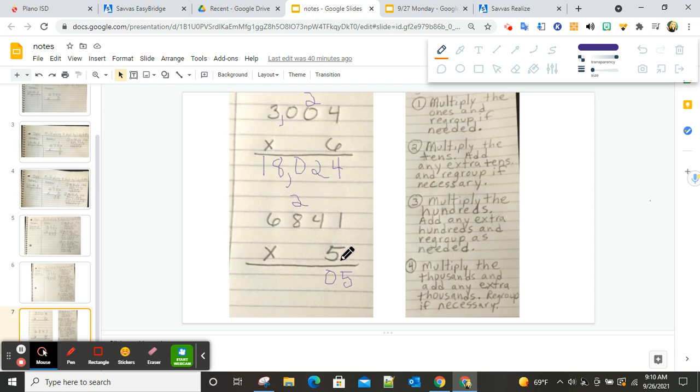Next, step 5 is to multiply the hundreds. 5 times 8 is 40, plus 2 is 42. I'm going to write down my 2, which is in the ones place, and regroup my 4 because that number is in the tens. 5 times 6 is my last step, and that is 30, plus 4, the regrouped 4, and that makes 34.